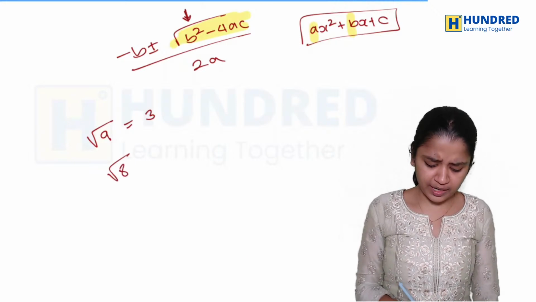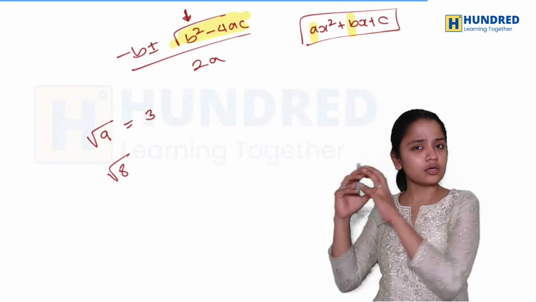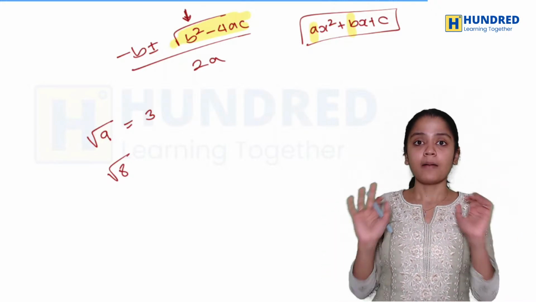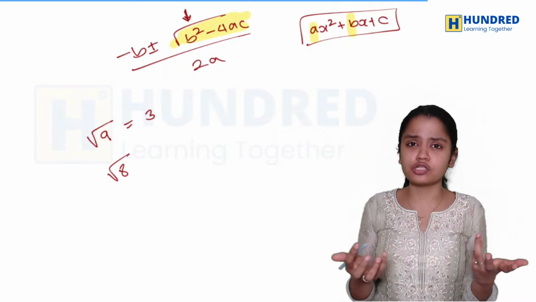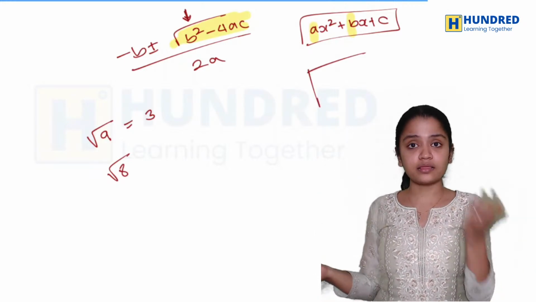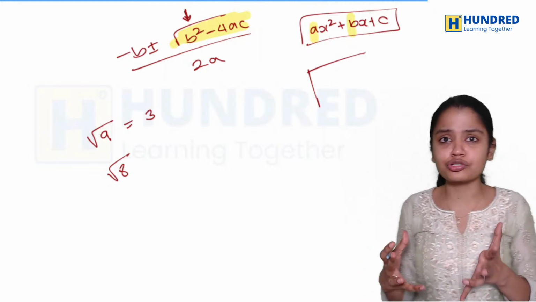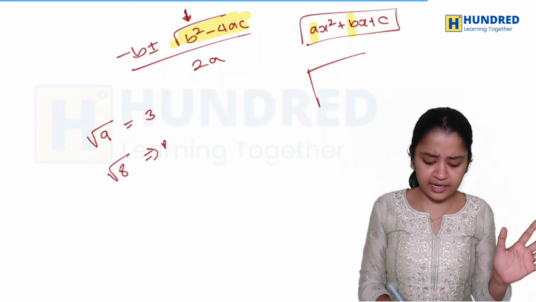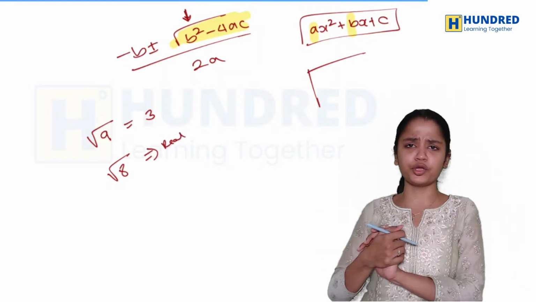Suppose you get root 8. It is not a square of a number, but you can solve it by the long division method which you used to find square roots. You will get a real number, some decimal number.